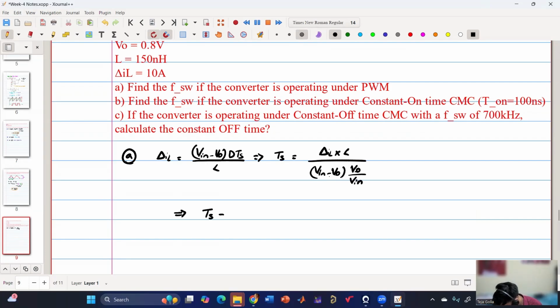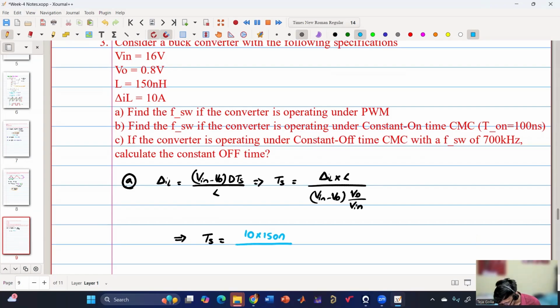Time period is nothing but delta IL, which is 10 amperes, into inductance, which is 150 nano, by (V in minus V0), which is 15.2, into V0, which is 0.8, into V in, which is 16.